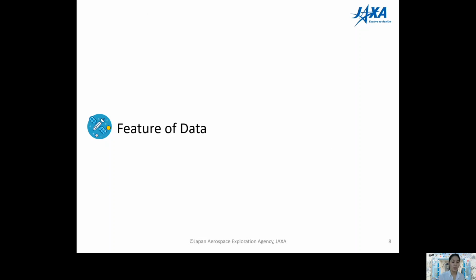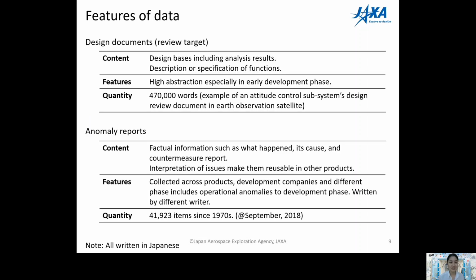Before that, we would like to introduce our data's features. First one is the design document, which is the review target. The feature of this data is that sometimes it's written at really high abstraction, especially in the early development phase.